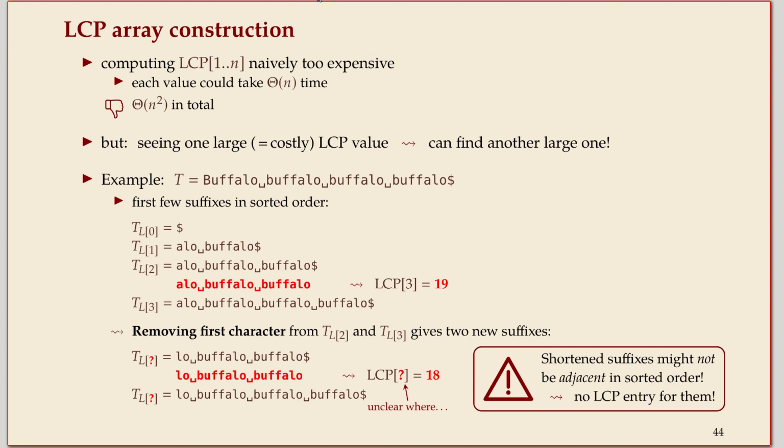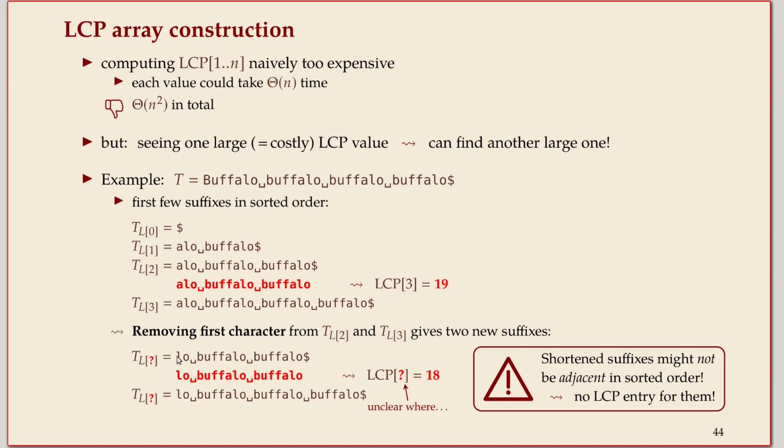The problem is it's unclear in general where this value is. And to make things worse, it's actually unclear if there is an LCP entry that has value 18. In general, there is no such entry. It could happen that there's no such entry. And the problem is, if you take the first character of those suffixes away, there's no guarantee that the shorter ones are still adjacent.